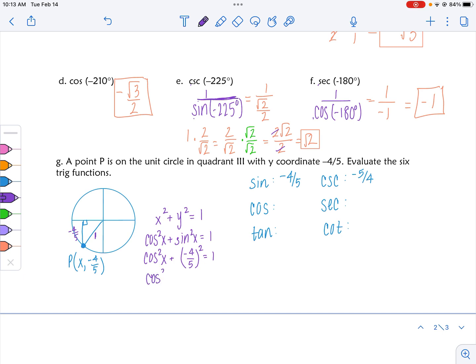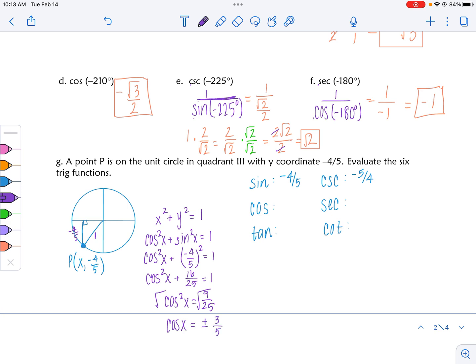So doing some algebra, this is really 16 over 25. Move that over to the other side. You can change your fraction. Instead of 1, you can say 25 over 25. Square root. Cosine is plus or minus 3 over 5.